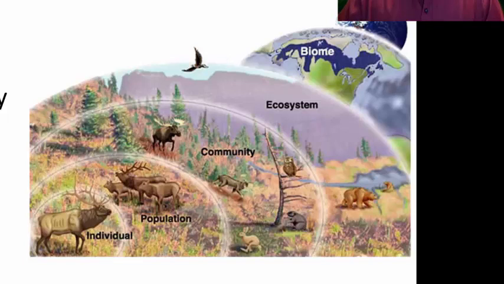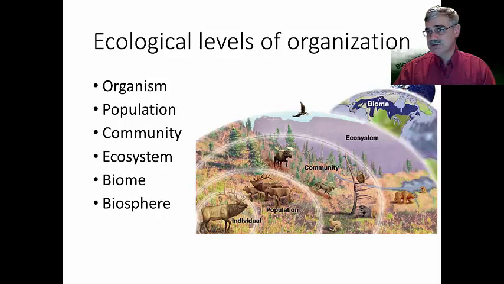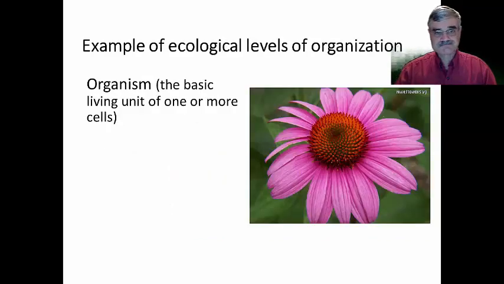We'll use these terms several times, but we also may refer to a biome. A biome is a larger region that shares some commonality in both the organisms that live in that region and the climate. And then the largest term of all is the biosphere, which we refer to as this blue marble that we're living on, planet Earth. So hopefully this diagram helps explain some of these terms.